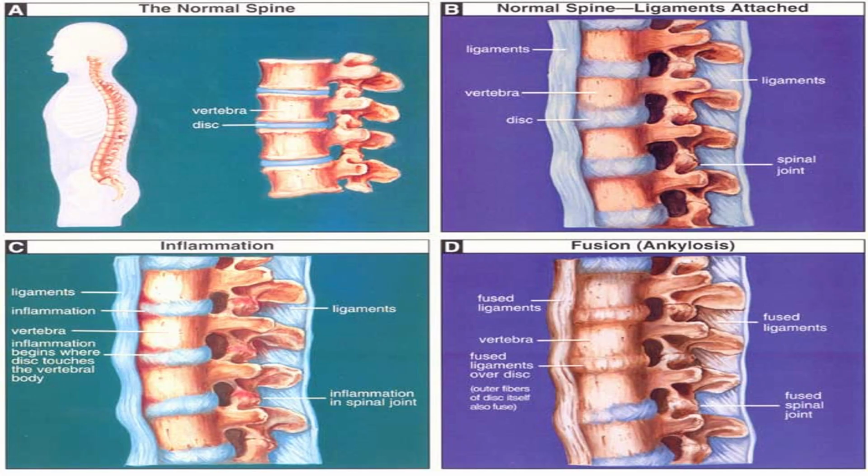This illustration demonstrates the pathogenesis and progression of ankylosing spondylitis affecting the spine. The figure is divided into 4 panels, A to D, showing the transition from a normal spine displayed in A, to inflammatory changes, and finally to spinal fusion, that is ankylosis, seen in D. In A, the normal spine shows the normal anatomical structure of the vertebral column.